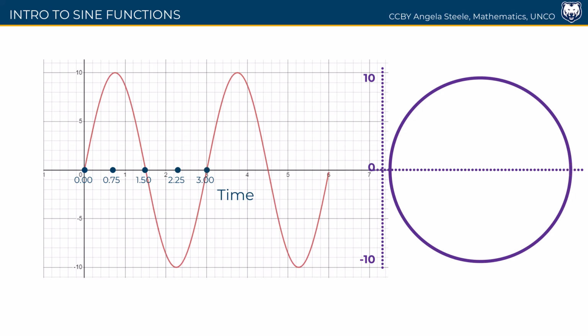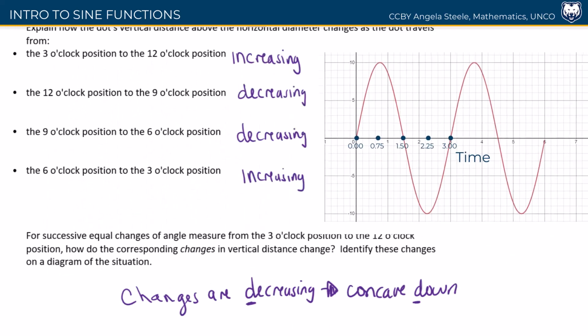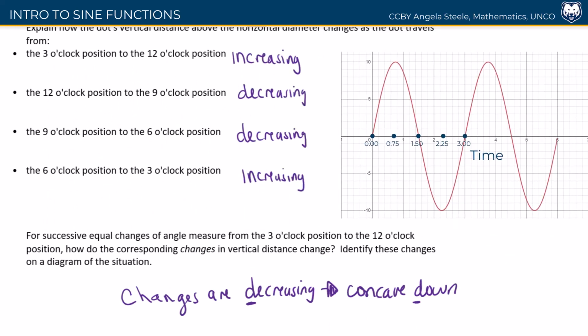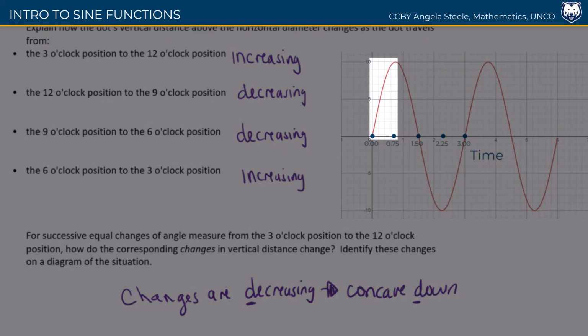Okay, so if we go back and think about the questions that we answered above, when we think about the increasing and decreasing that we answered right below our table, from 0 to 0.75, we were increasing. From 0.75 to 1.5, we were decreasing. From 1.5 to 2.25, we were decreasing.